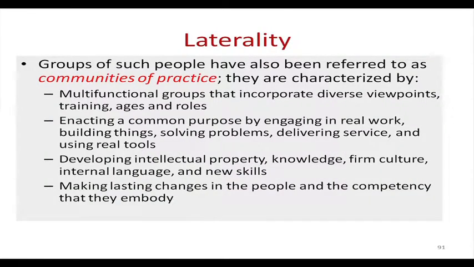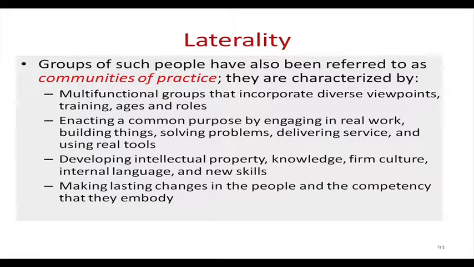So, each one of them has a different role. Similarly, they may be senior managers, they may be junior managers, their training, their perspective is different, right. So, when they interact and relate with each other as a group, and they come out with something that is good for the organization, then that is what we know as communities of practices.